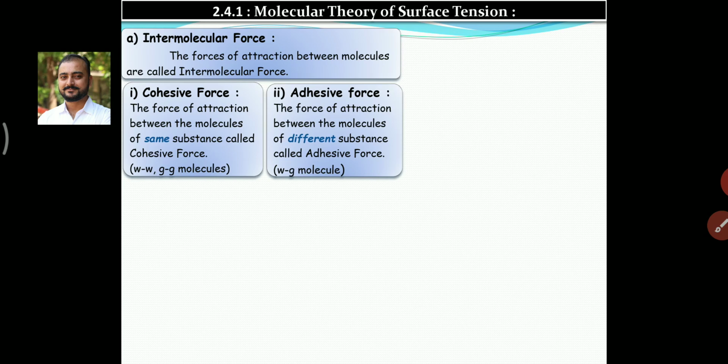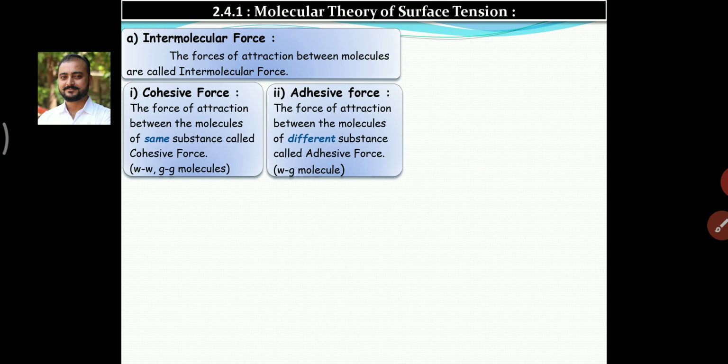As you put the water inside the glass, the force of attraction between the molecules of water and water is called cohesive force, while the force of attraction between glass and water molecules is adhesive force. There may also be cohesive force between glass and glass molecules. Understood? So these are the two types of intermolecular force.